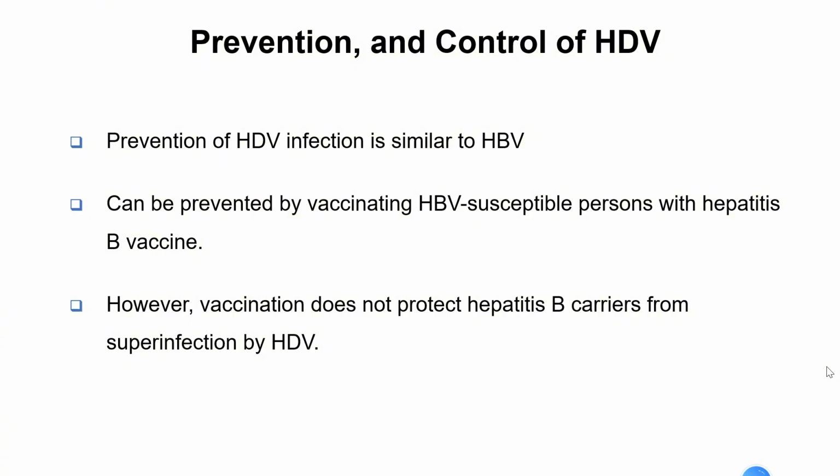If you can prevent HBV, you can prevent HDV. So that's easy to understand. But vaccination by the HBV vaccine does not protect hepatitis B carriers from superinfection by HDV. So if a person is already carrying HBV virus, the HBV vaccine does not help anymore. So this is HDV.